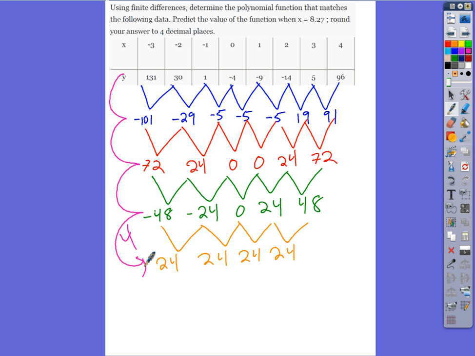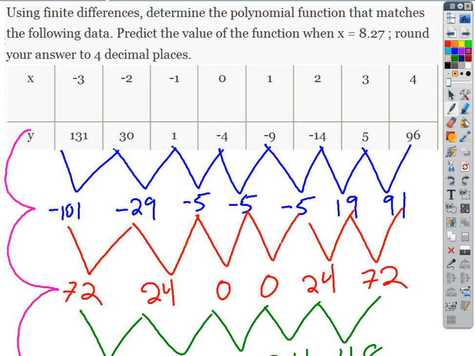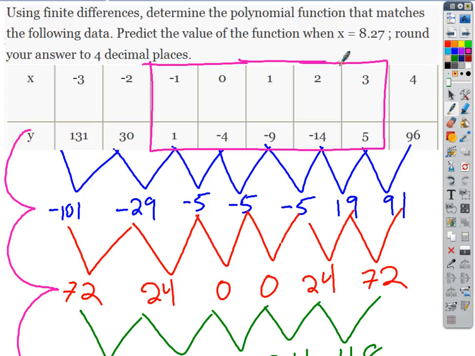Not that it matters. So we'll pull up the calculator. We'll do our regression. But don't lose sight of what we're trying to do with this one either. We're trying to use a mathematical model. We want to know what is the value of the polynomial when x is 8.27, right?